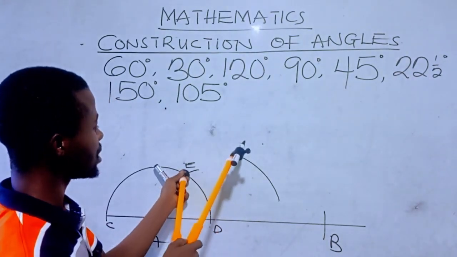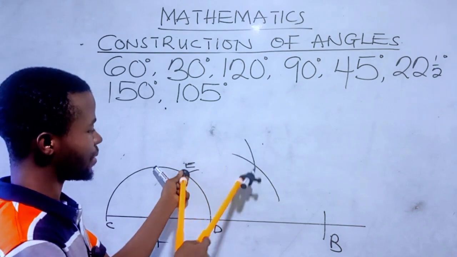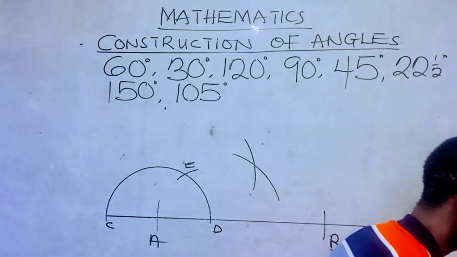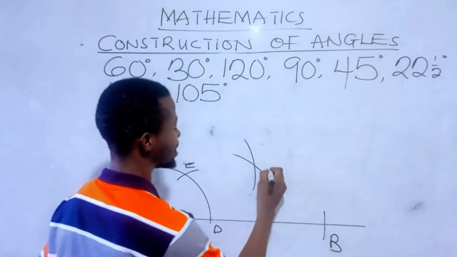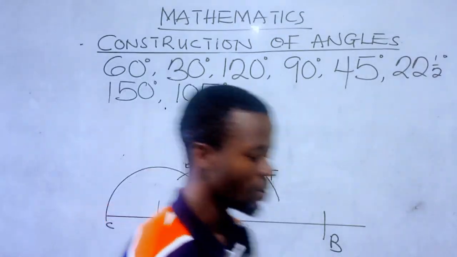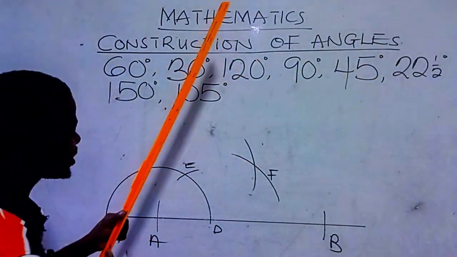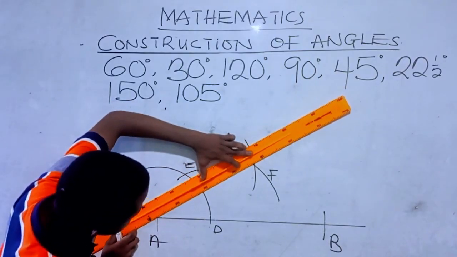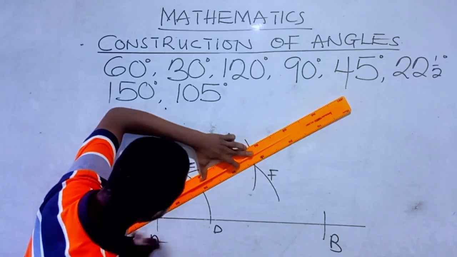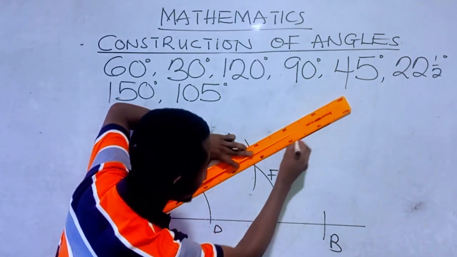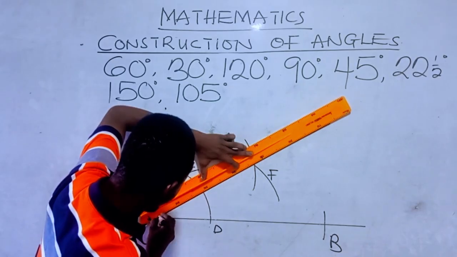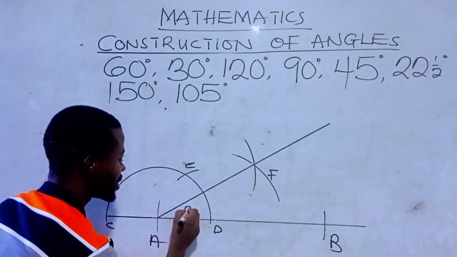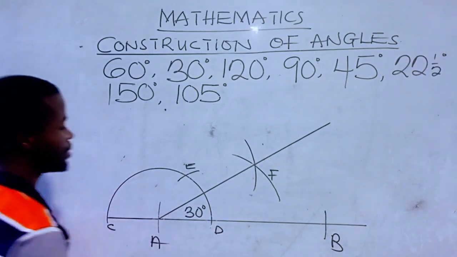I'll stand at E and I'll make an arc to cross the first one like this. Let me call that intersection F. So my 30 degrees will be a line from A passing through F, like this. This angle here is 30 degrees.